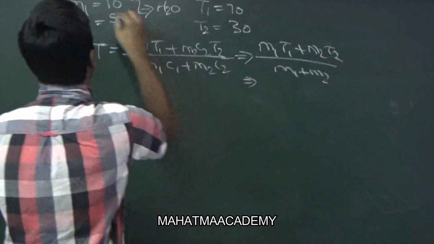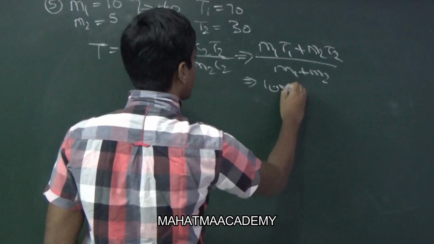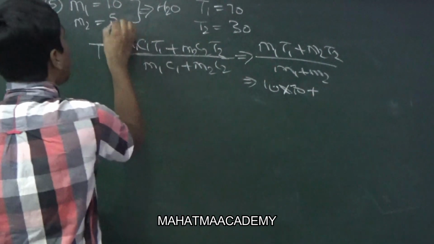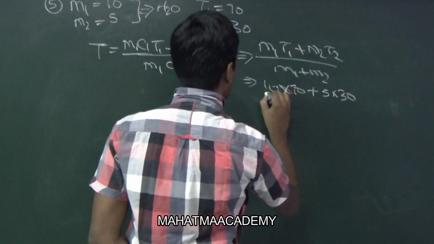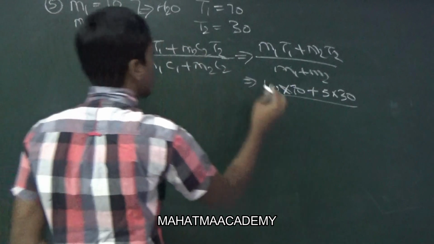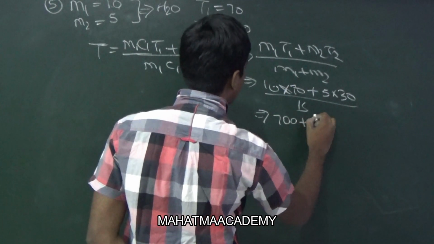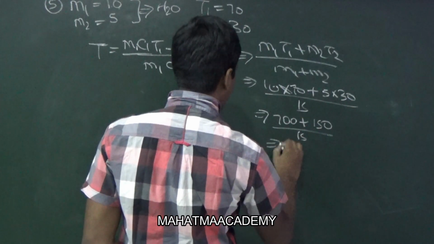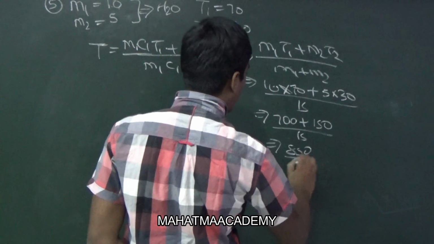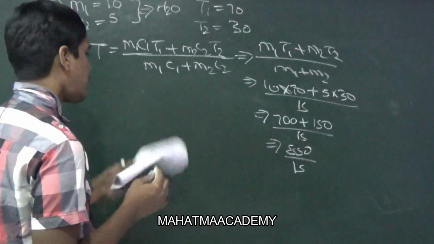This is 10 into 70 plus 5 into 30 upon 15. That includes 700 plus 150 upon 15. So it includes 850 upon 15. Okay, so correct answer.